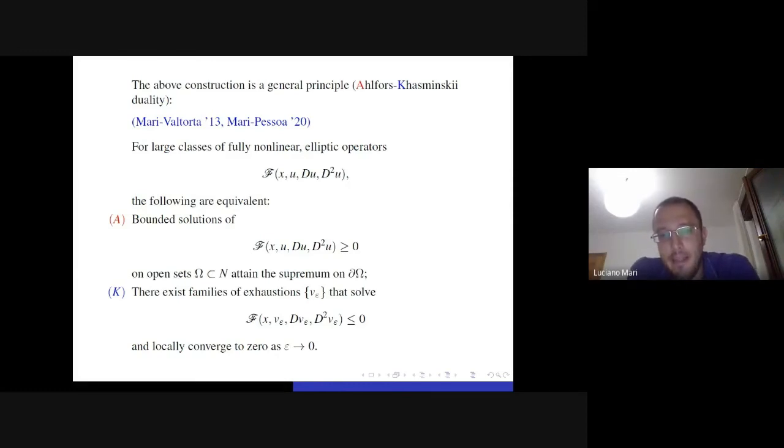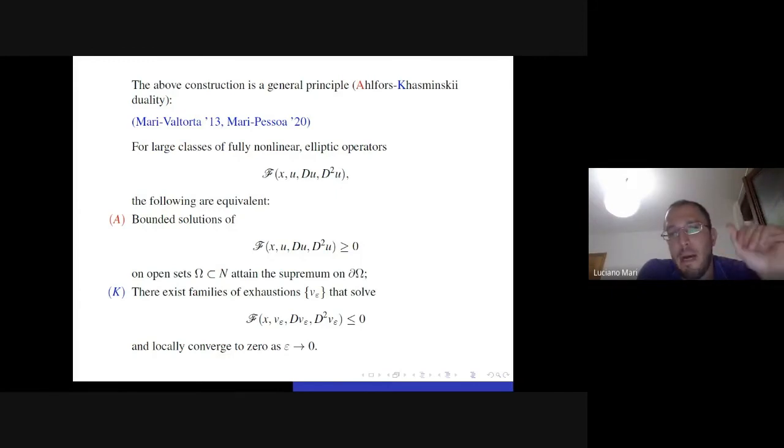The fact that the Khas'minskii property K implies a Liouville property is another aspect of the Phragmén-Lindelöf method. It is also the same principle. The point is that a Liouville property allows you to construct this family of exhaustions.